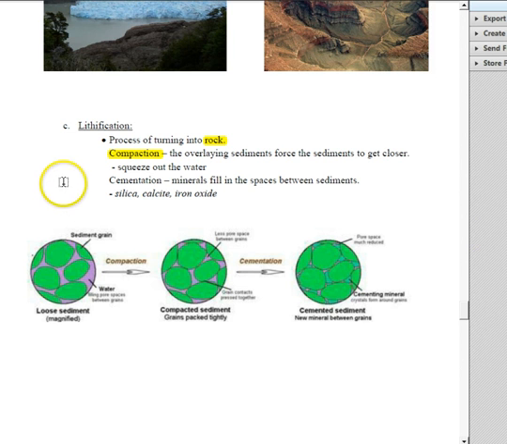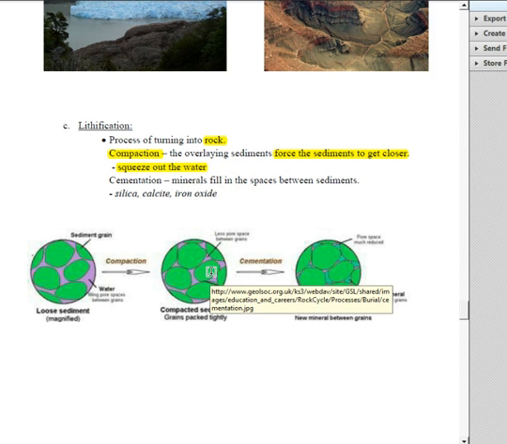You would have the water transporting or eroding those sediments, and then eventually they would settle and deposit. As more and more sediments deposit over one another, that forces them to get closer, okay? And if they're getting closer, that's going to squeeze the water out, okay? So our first step of lithification, compaction, we're going to have all of those sediments being forced together, squeezing the water out.